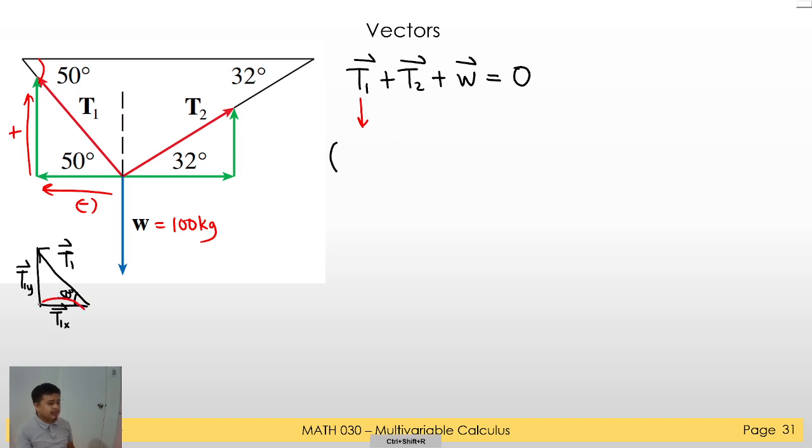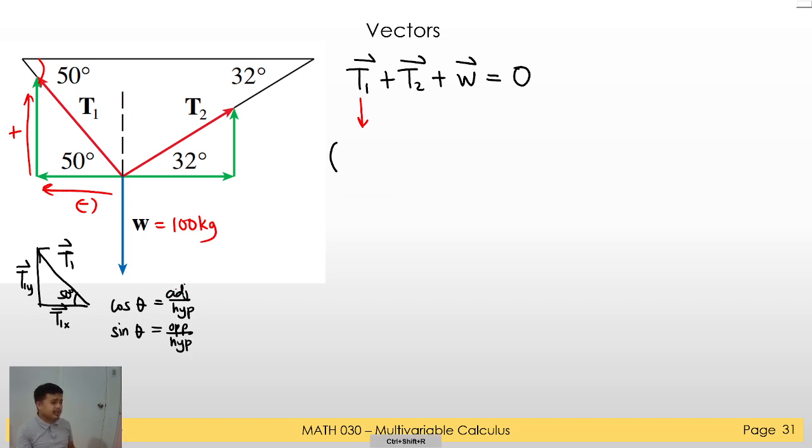To find the component in x, we can utilize the cosine function. The relationship of these two is cosine. Cosine theta is equal to adjacent over the hypotenuse. Similarly, with the sine function, sine theta is equal to the opposite over the hypotenuse.